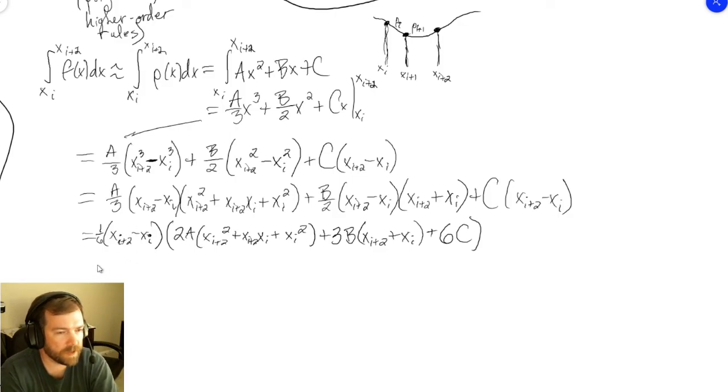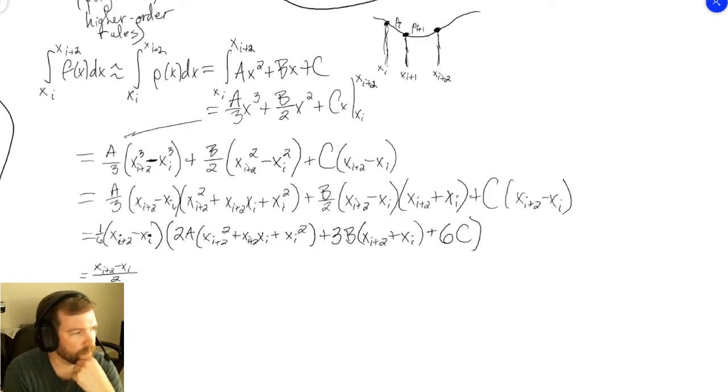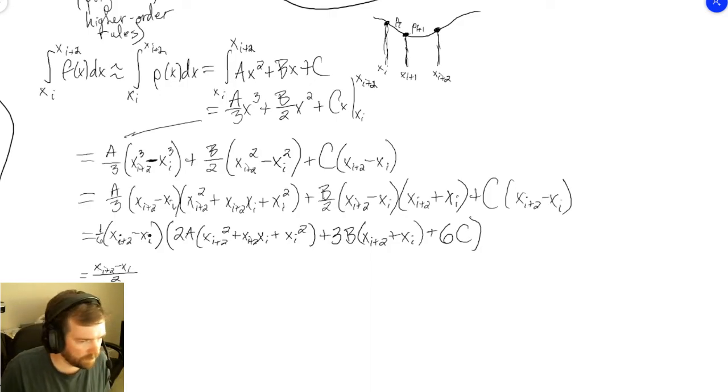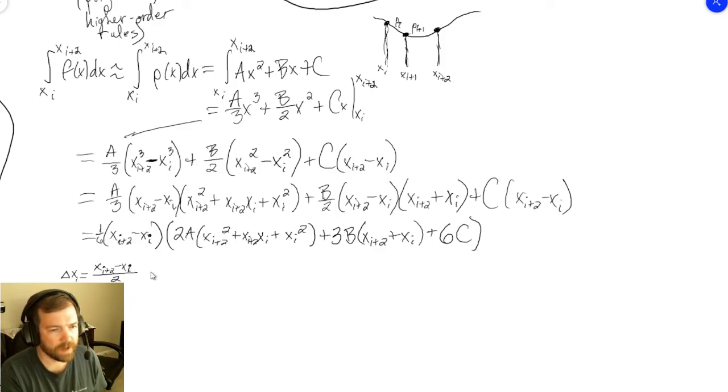Alright, then it should be noted that over here, x sub i plus 2 minus x sub i over 2 is going to be equal to delta x, or delta x sub i, whatever you want to particularly write there.